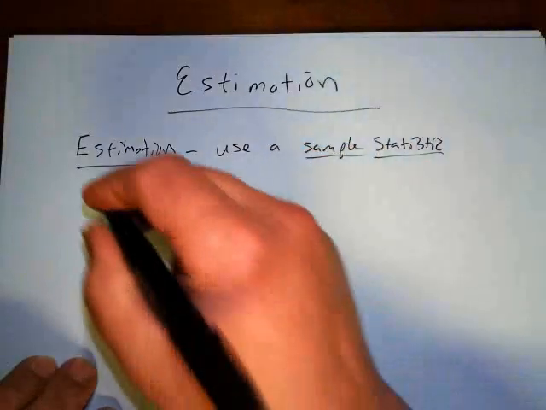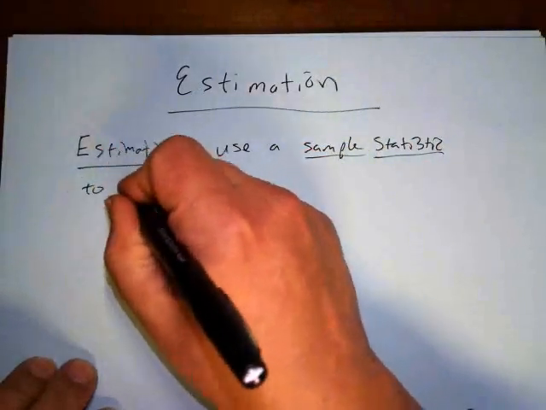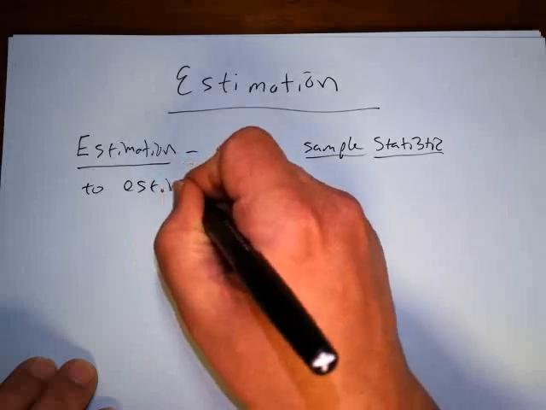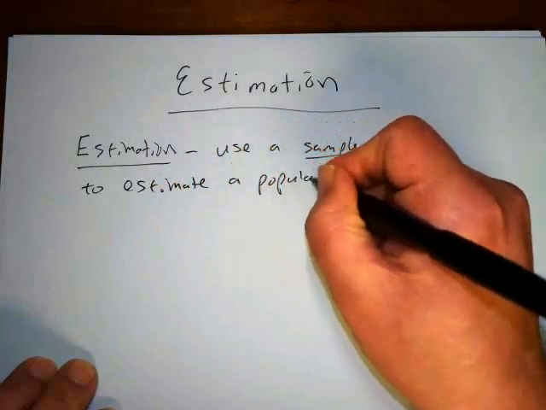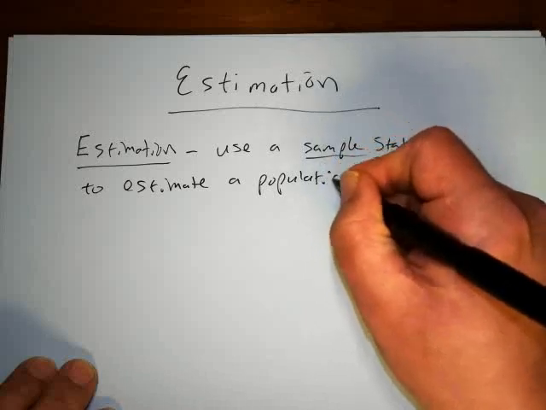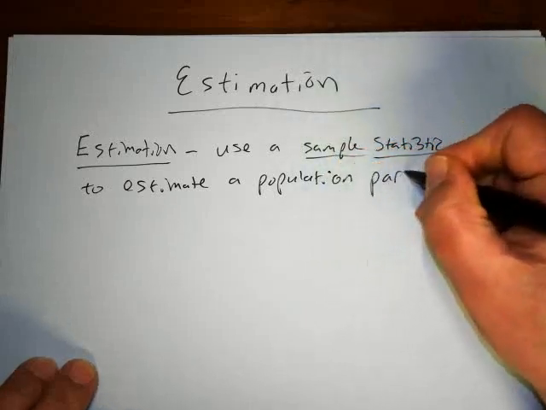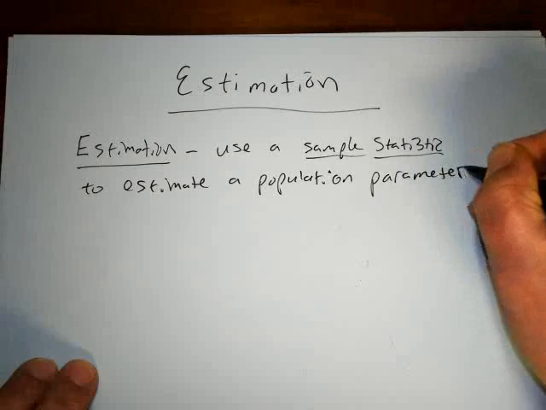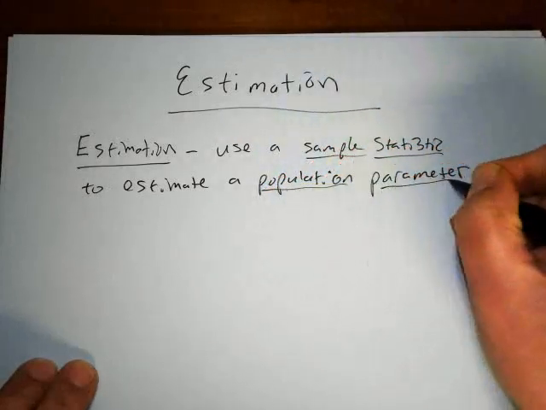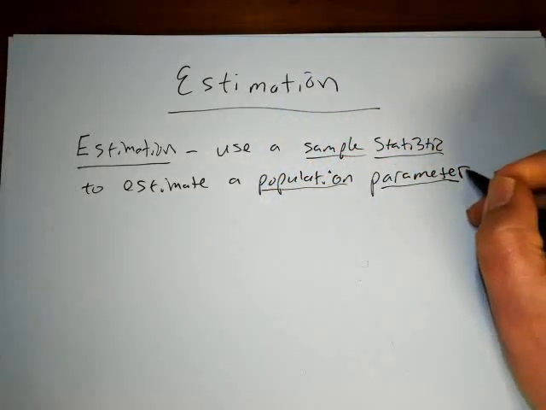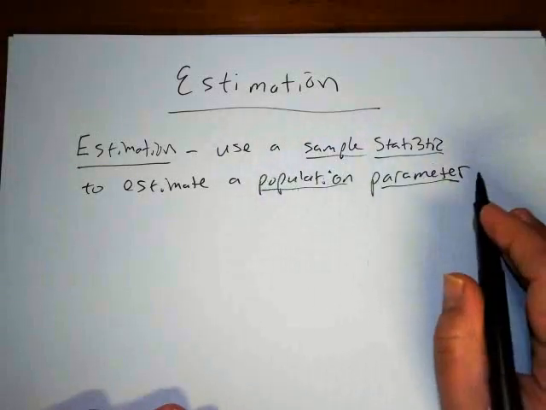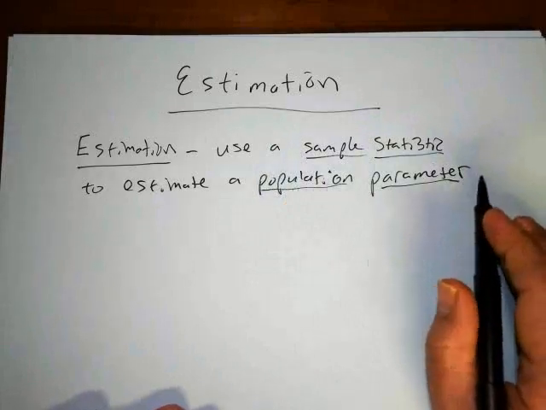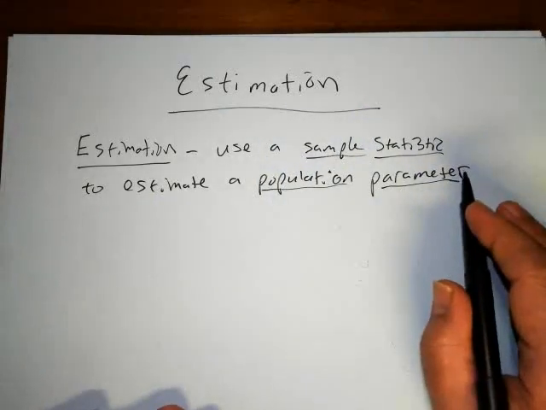So estimation is using a sample statistic to estimate a population parameter, and that's another technical term. A population parameter is a number that describes your population. Okay? Kind of like the mean of the entire population, that would be a population parameter.